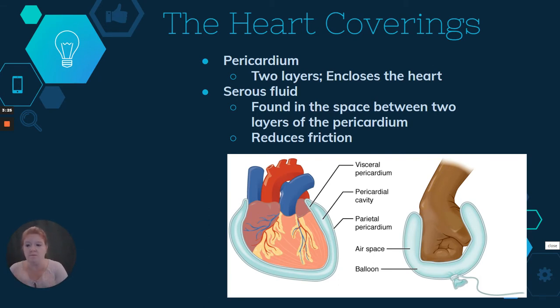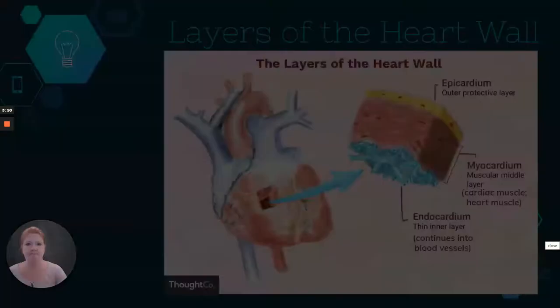So this whole thing provides some protection, and there's some fluid there to give some cushioning so that if your heart is bumped or something like that, it will give some additional protection. Okay, so the pericardium is 2 layers, and then we have serous fluid found. There's a space between the pericardium and your heart, and there's going to be some fluid there that is going to reduce friction, provide some additional protection.